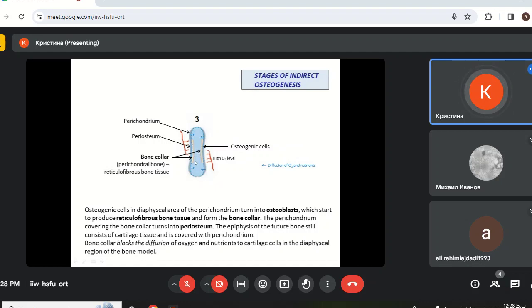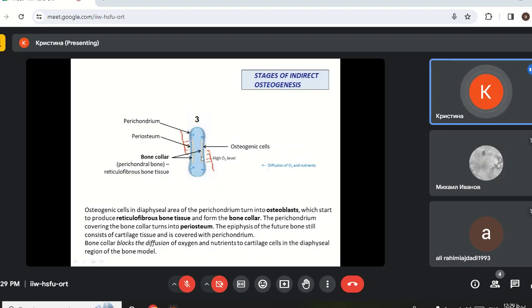Now it consists of cartilage tissue. What happens? Our cartilage receives nutrition, shown with the bluish arrows, from the small blood capillaries of the perichondrium via diffusion.